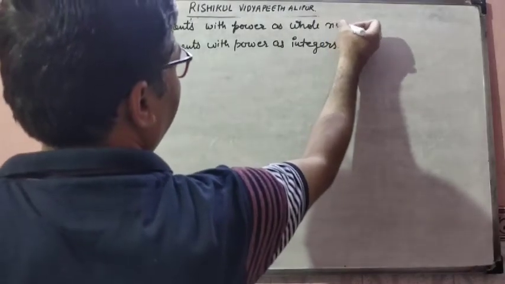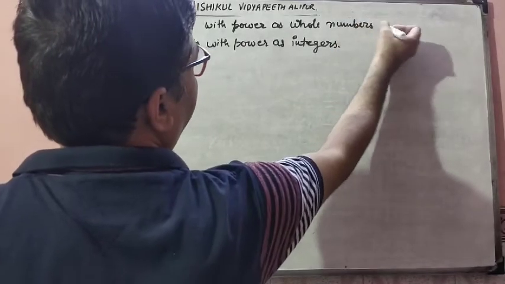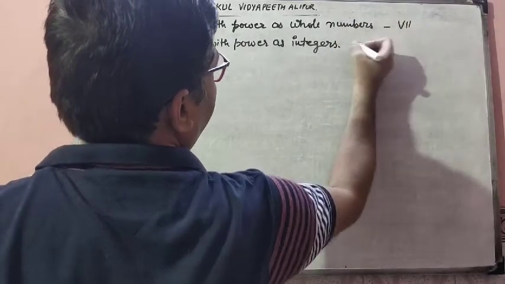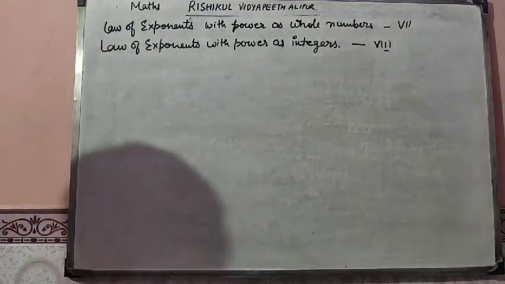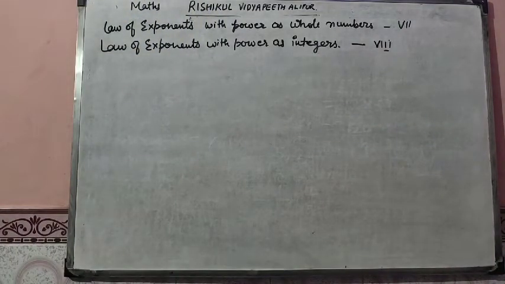Power as whole numbers is related to class 7, and power as integers is related to class 8. In class 7th we learned the law of exponents with powers as whole numbers, and in 8th class, the law of exponents with power as integers.